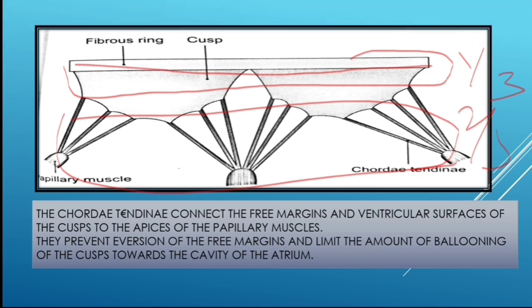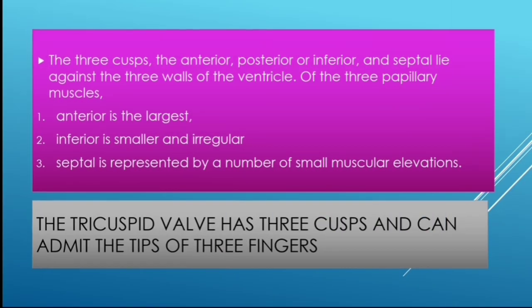Now the tricuspid valve. The tricuspid valve has three cusps and can admit three fingers, and it has three papillary muscles: the anterior, posterior and septal.